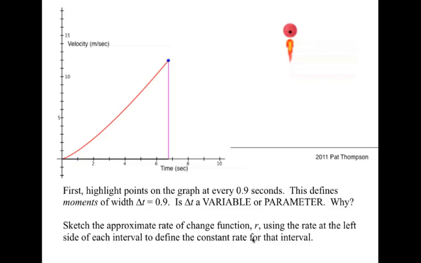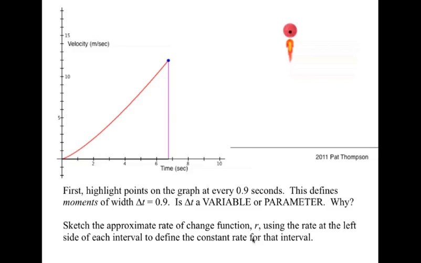Okay, so now we're going to use those points that you highlighted and those rates associated with those points to sketch our approximate rate of change function. Okay, we're going to sketch the approximate rate of change function R. Use the rate at the left side of each interval to define the constant rate for that interval. So this is similar to what we've been doing. Now you have a bunch of rates that are highlighted or specified.